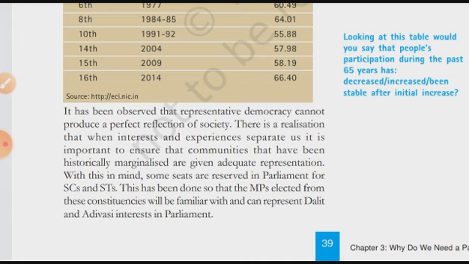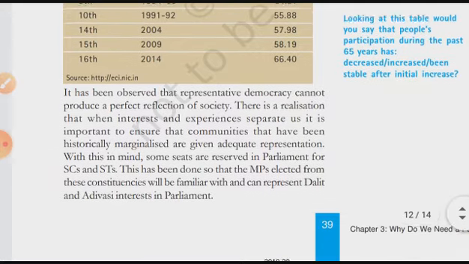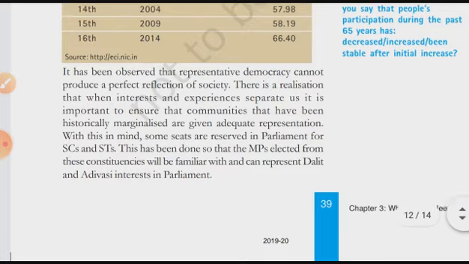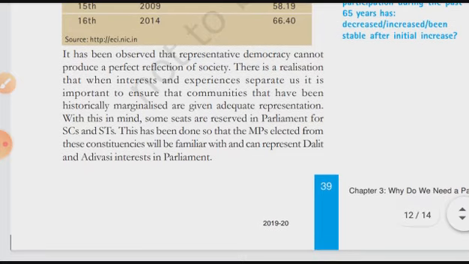This is a realization that when interest and experience separate us, it is important to ensure that communities that have been historically marginalized, the vulnerable groups, are given sufficient representation.